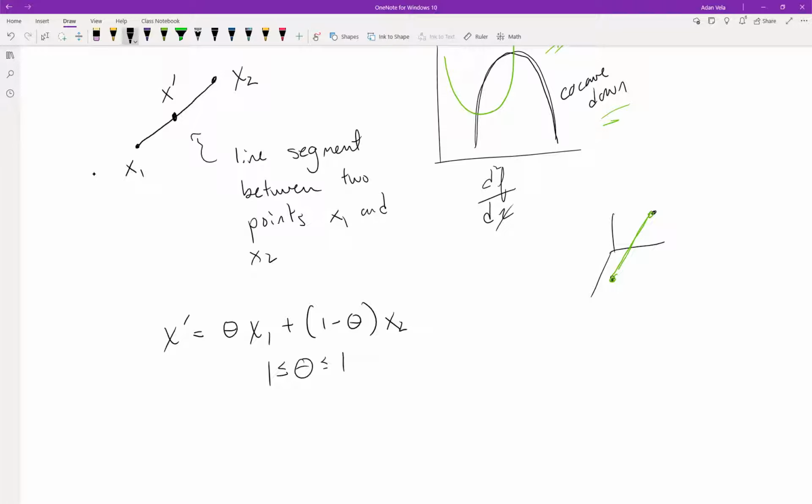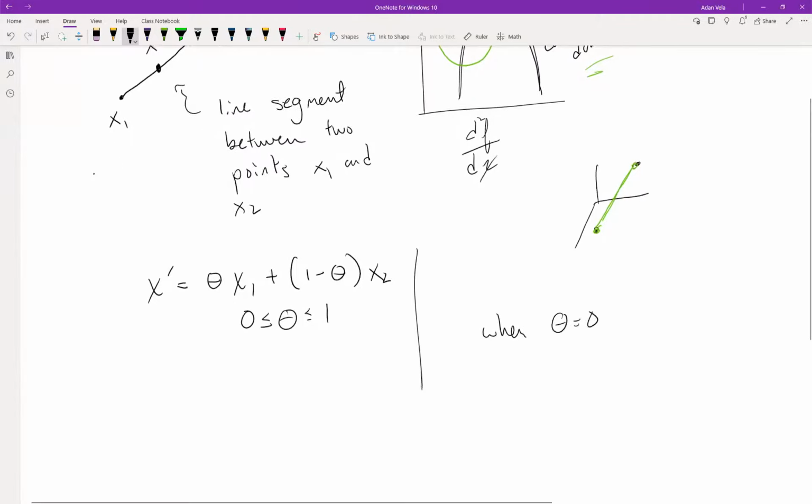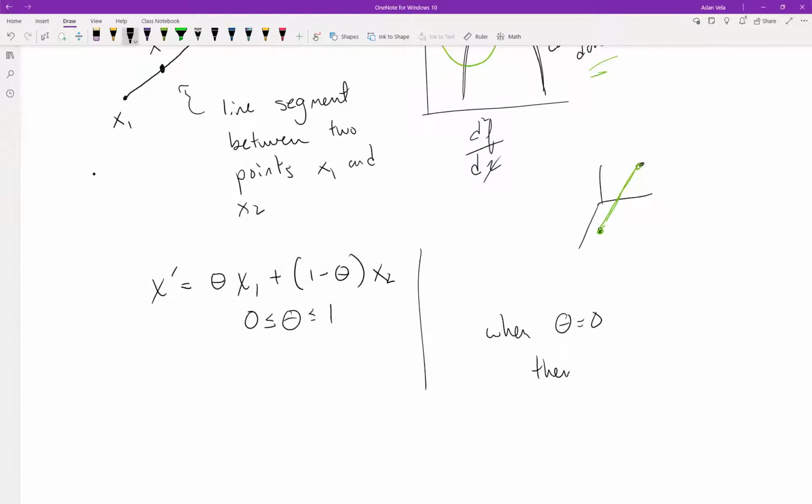How do we think about this? Well, when theta is equal to 0, then x prime is equal to x2.